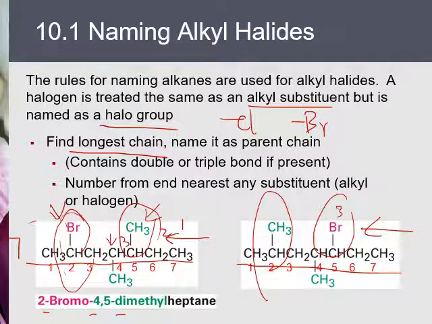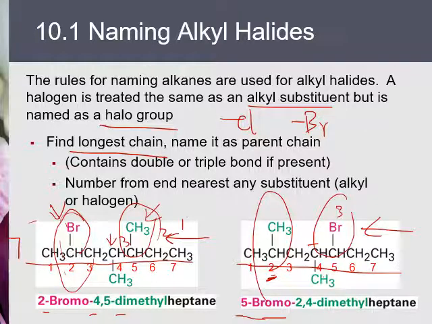So in this case, you have number 2, number 4 methyl, so 2,4-dimethyl. And the bromine is number 5, 5-bromo. But when you name it, you should follow the alphabetical order. So bromine is in front of methyl, and therefore you should put 5-bromo-2,4-dimethylheptane.